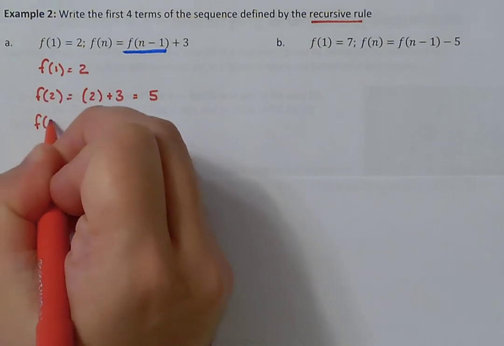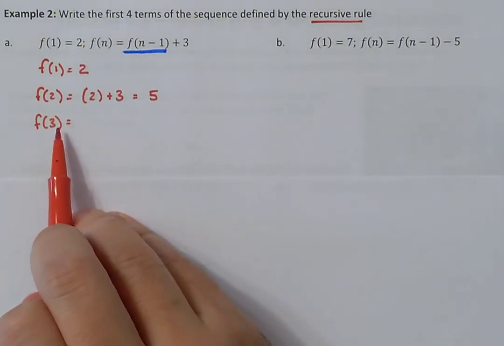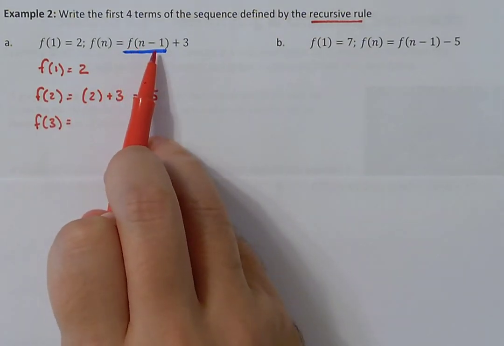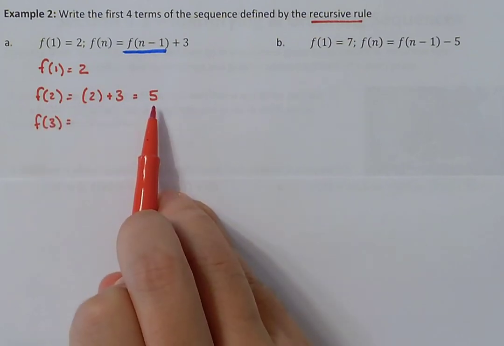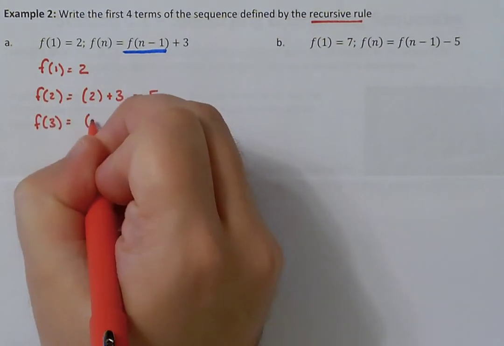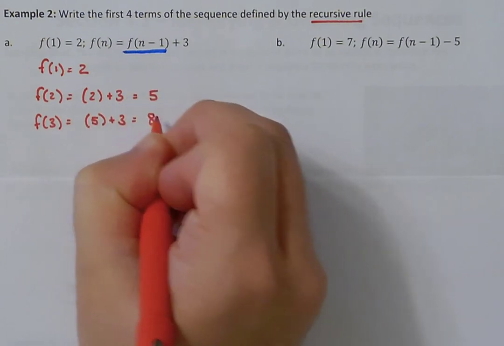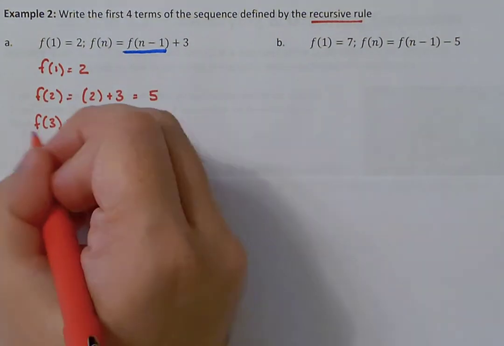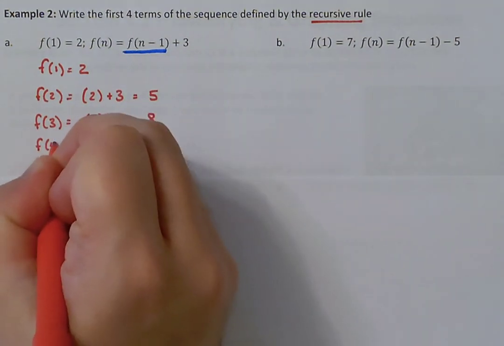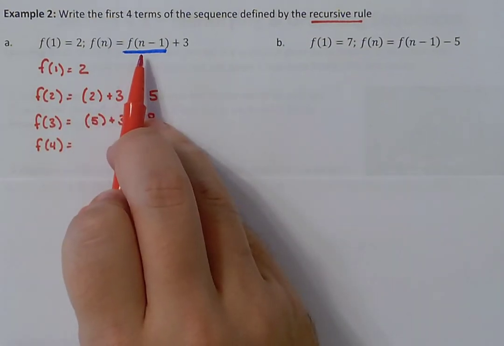If we go to f of 3, so we're looking for our third term, f of n minus 1: 3 minus 1 is 2. So f of 2, my second term, is 5. So we take 5 plus 3, and we get 8. Now f of 4: if we plug in 4, 4 minus 1 is 3.